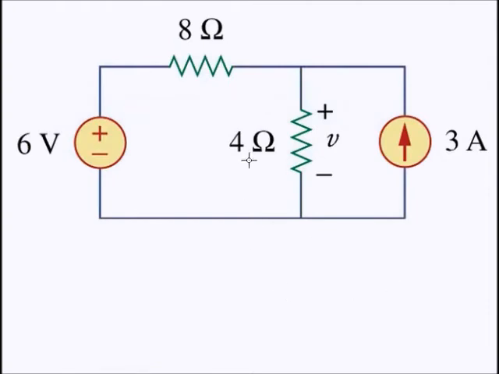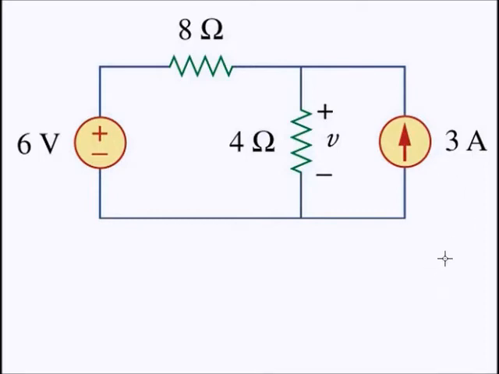So now let us see this example. This is a circuit with two resistors, 8 ohm and 4 ohm, and there are two sources: a 6 volt voltage source and a 3 ampere current source.